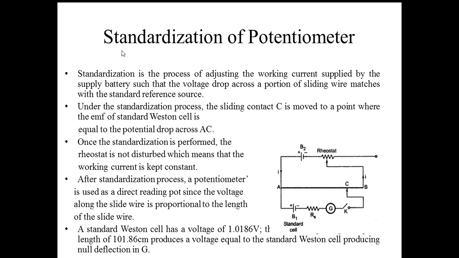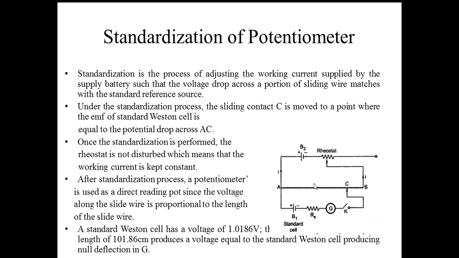Now there is a process of standardization of the potentiometer. Standardization is nothing but whatever we have done till now. That is the standardization process. The only difference here is that the battery B2 that we are using here is your standard Weston cell, which has a voltage of 1.0186 volts.